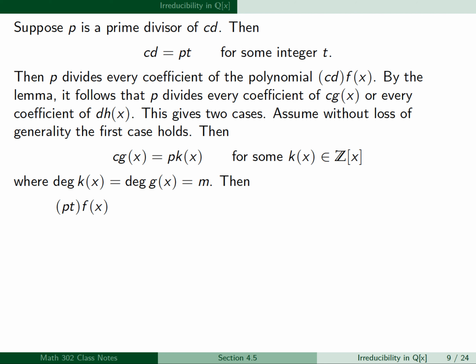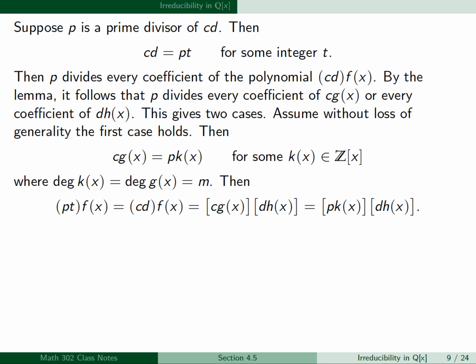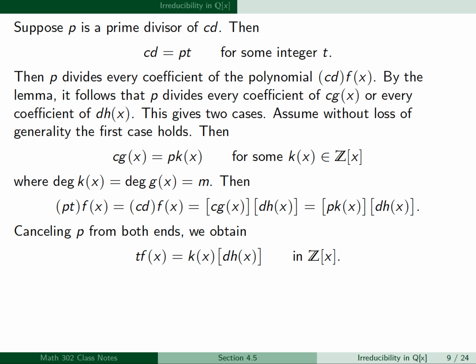Then pt times f(x) is cd times f(x), since pt is cd. And that's equal to c times g(x) times dh(x). And cg(x) is now pk(x). And so now we have a common factor of p on the two ends of this equality.